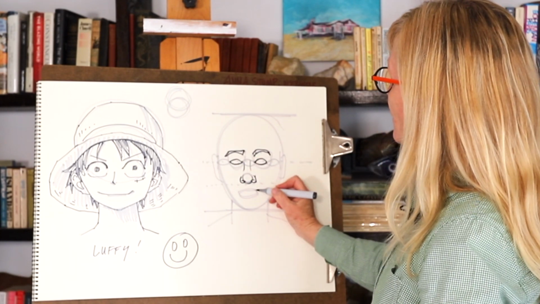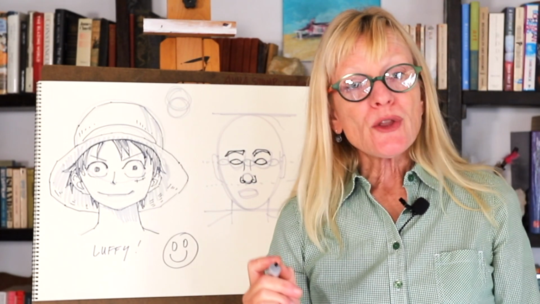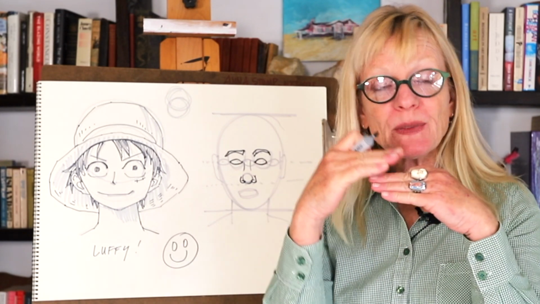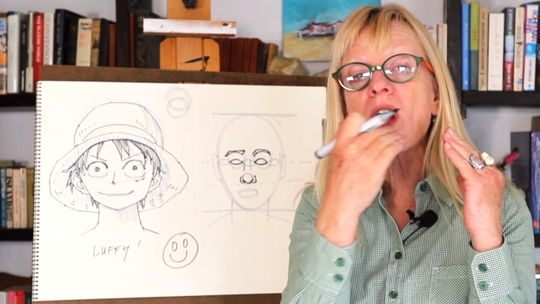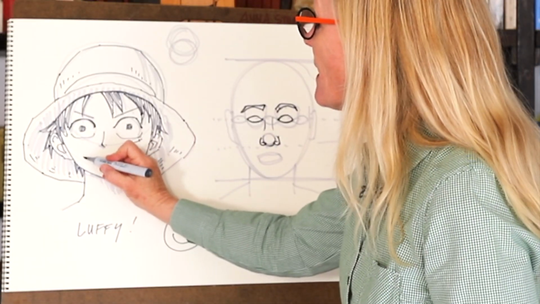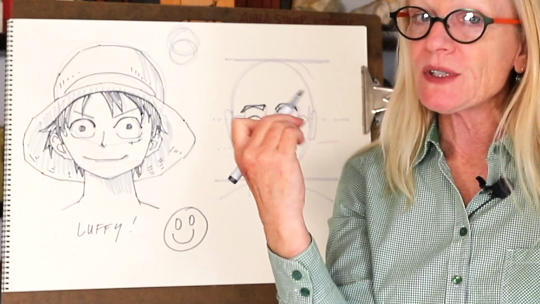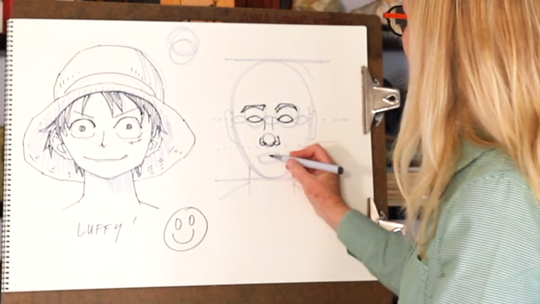So now we're going to go down and we're going to draw the mouth. The most important line of the mouth is where the 2 lips meet. So I recommend that you draw that first, right? In a manga, we just usually have just a single line. There's no lips. The outside of the lips are not drawn.